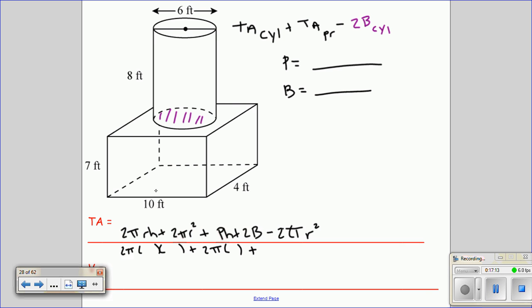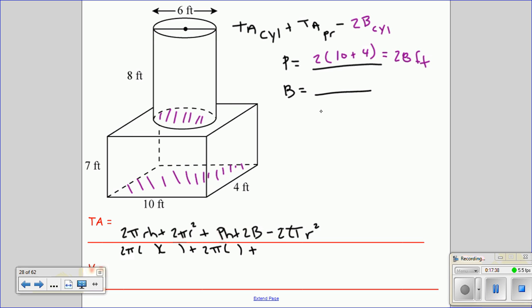So to find the perimeter of my prism, I would be taking 2 times 10 plus 4 because this is the base of my prism. So that would give me 2 times 14, which is 28 feet.